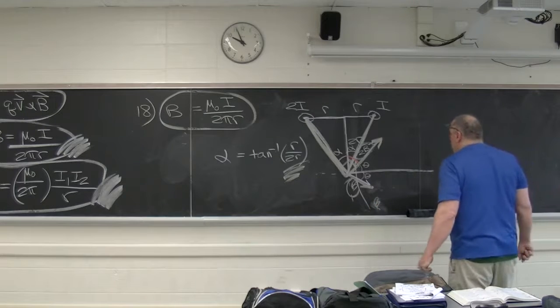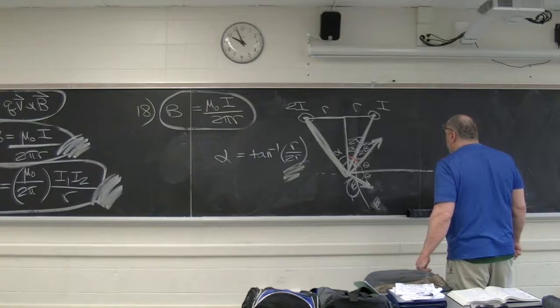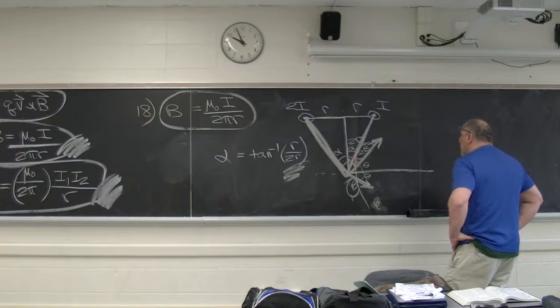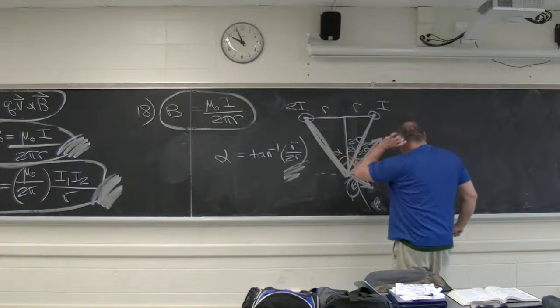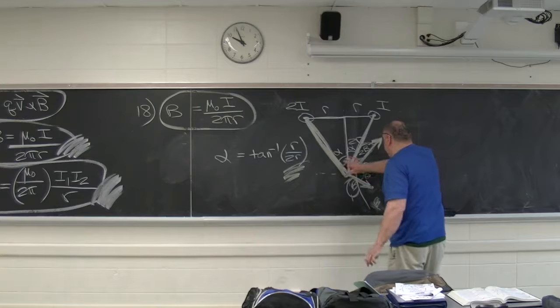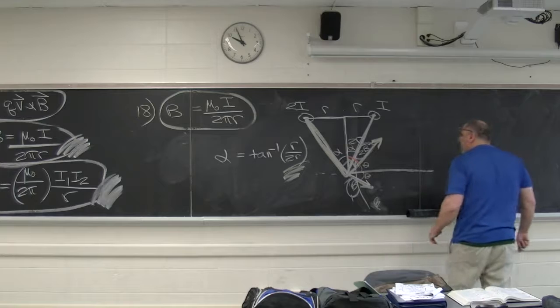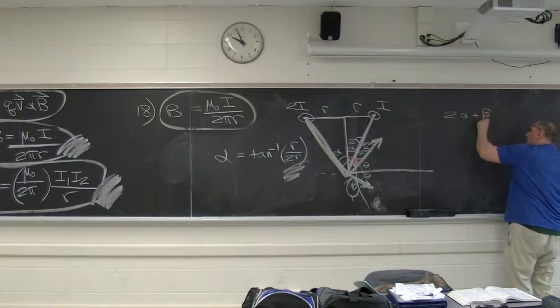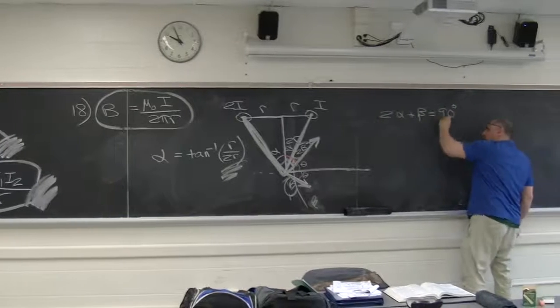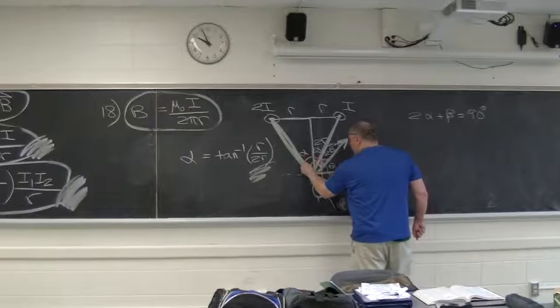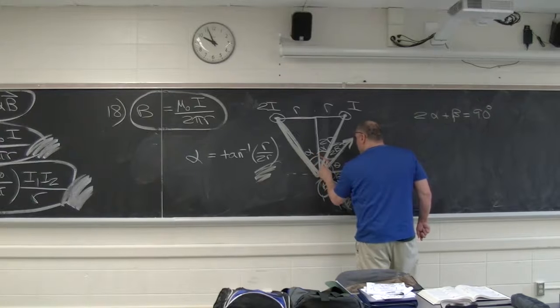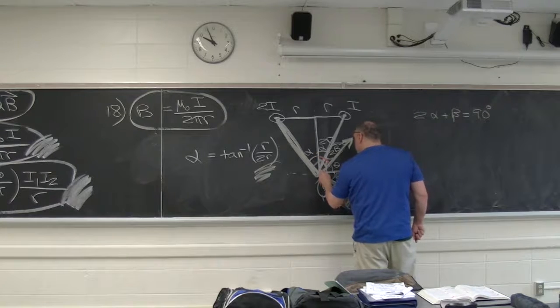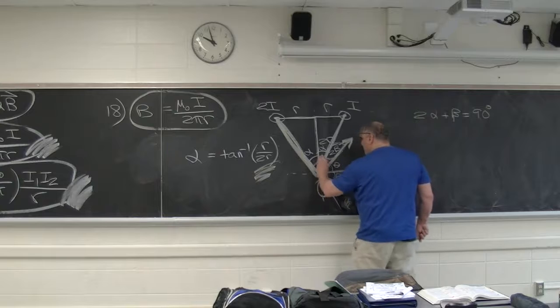So we could say a bunch of stuff here, I guess you could say. Here's 2 alpha plus this. You'd say basically that 2 alpha plus beta would be a 90-degree angle if you wanted to go there. So here's alpha, and maybe we could put this guy.